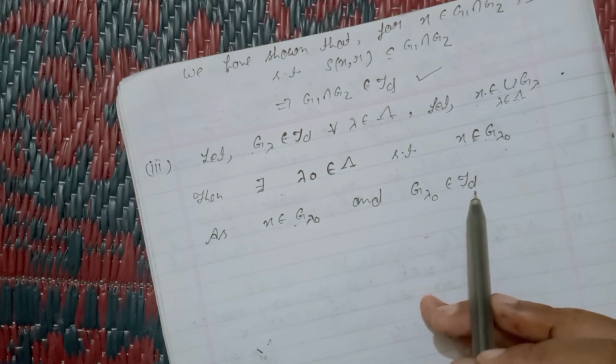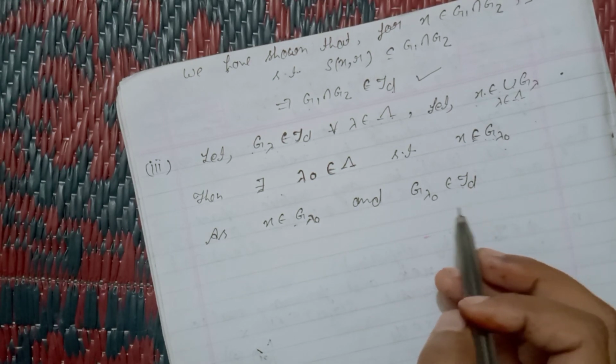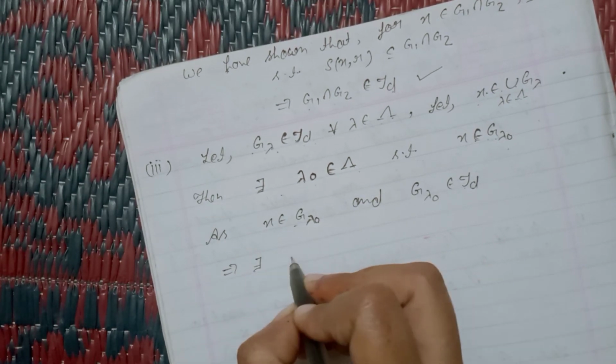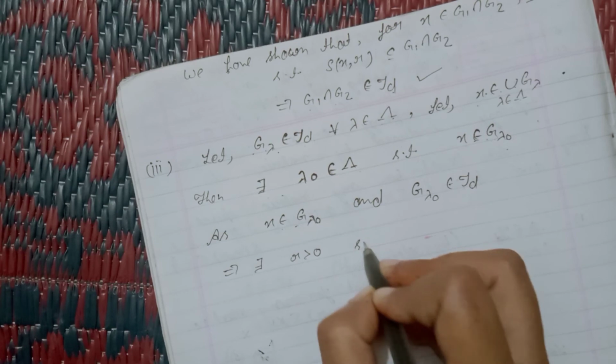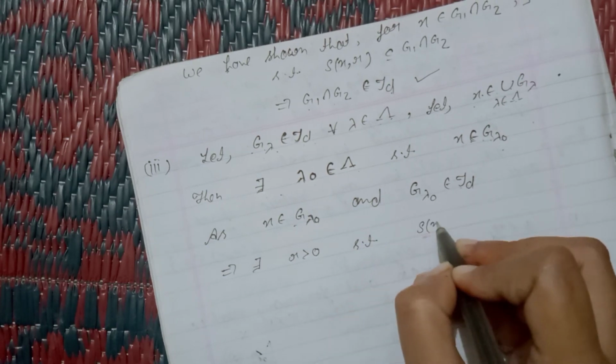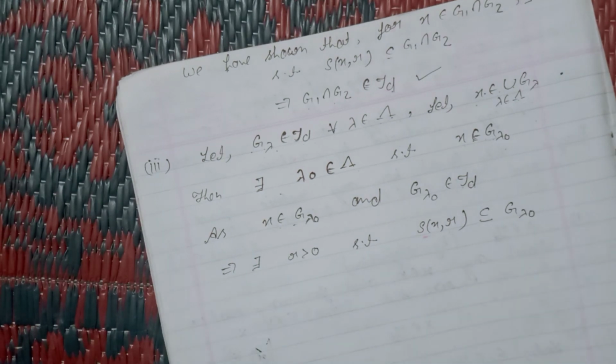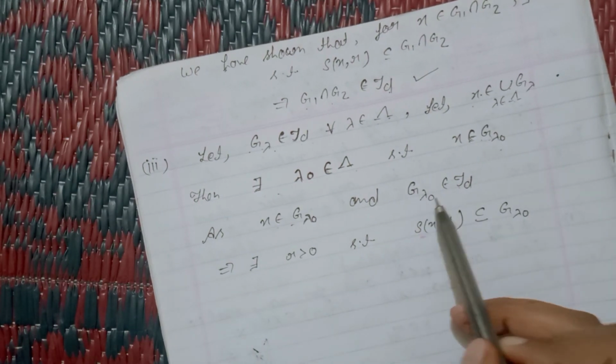If G lambda naught belongs to Td, what can we say? This implies that there exists r greater than 0 such that S(x,r) is contained in G lambda naught, right? Why? Because G lambda naught belongs to Td.